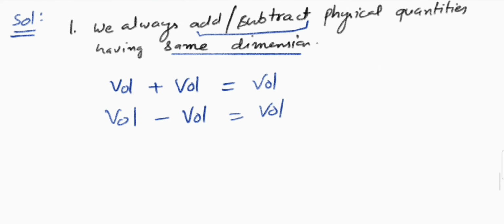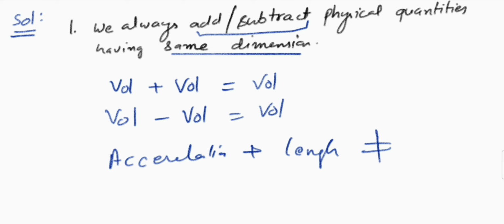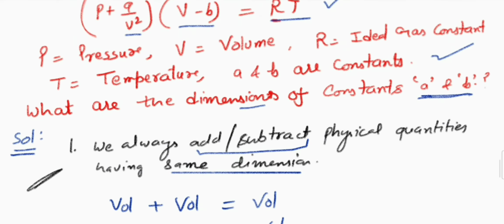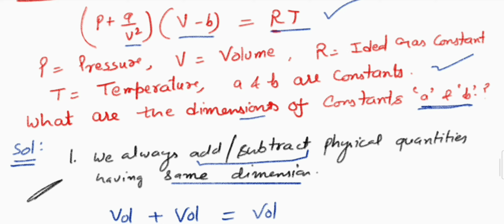We cannot add acceleration and length, this is not correct. So we always add or subtract the same physical quantities, and this is the thing we are going to use to solve this question to find the dimensions of constants A and B.